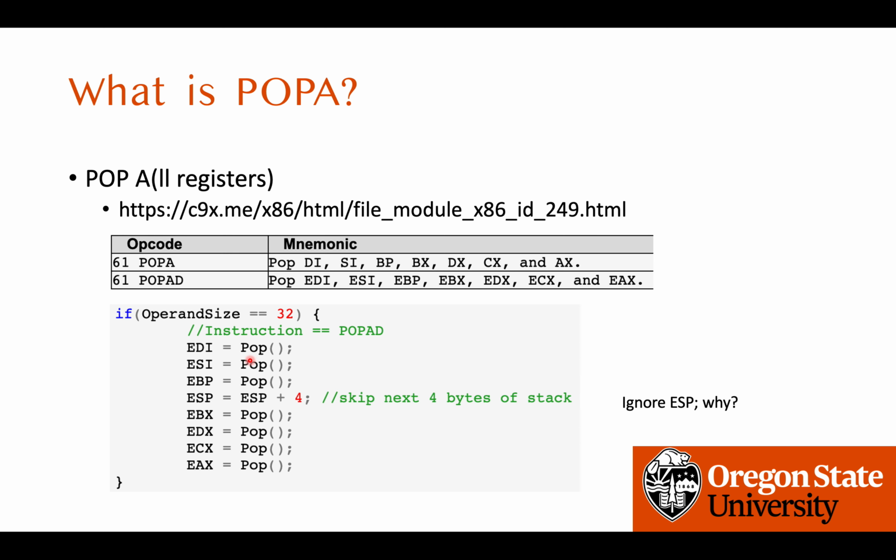EDI, ESI, EBP, and then it will ignore popping the ESP because doing that will change the stack, so it would affect the popping of all these 4 registers. So it will just skip popping the ESP, and then pop EBX, EDX, ECX, and EAX.